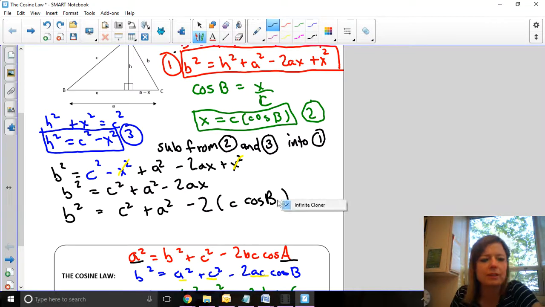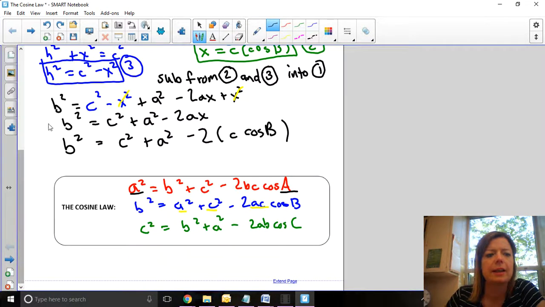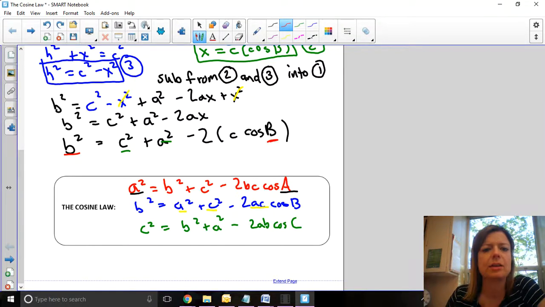So this is actually already the cosine law. So this tells us that if we have an unknown side length b, but we know the other two side lengths, so we know side length c and a, and we know how big the angle B is, we can actually solve. Okay, there should be an a here.